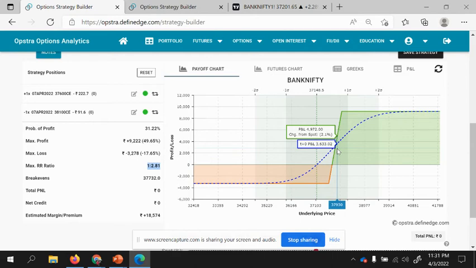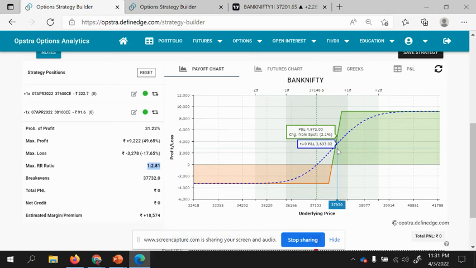So from the current market price, the market has made a move of 2.1% on Monday. I'm not talking about the expiry, but Monday. Your profit would be 3,633 on Monday, because that's not the expiry. If you look at the top box, it says 4972. That would be your profit on the expiry day.